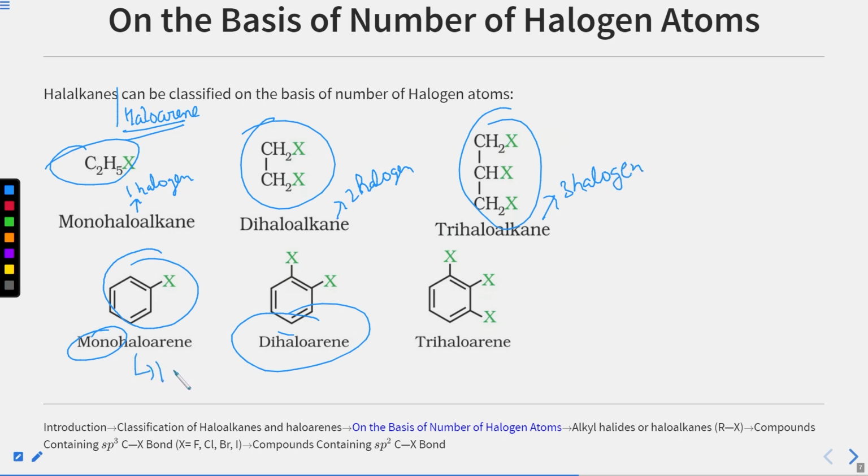Similarly for monohaloarene we will have 1 halogen, 2 halogens and 3 halogens. So this is the classification based on the number of halogen atoms that a compound has.